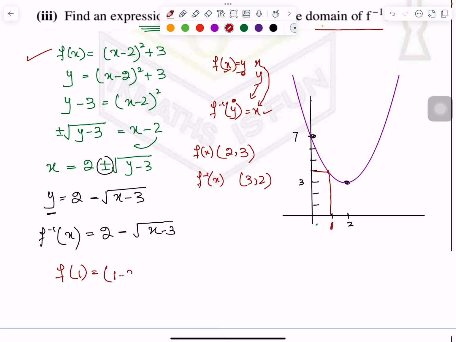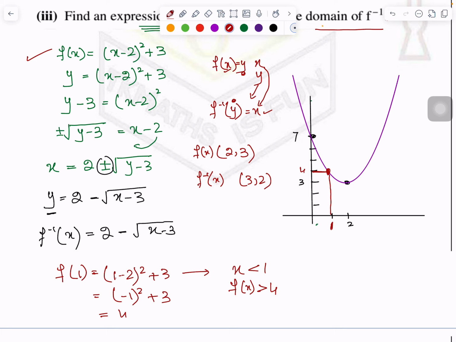So (1 minus 2) whole square plus 3 is equal to (minus 1) square plus 3 equals 4. So what did I get from here? If for the function your domain is less than 1, then your range is greater than 4, right? Because now the part of the curve which has values of x less than 1 is this. So all the values of y on this part of the curve are greater than 4, right?